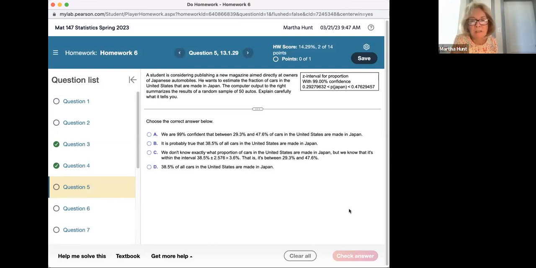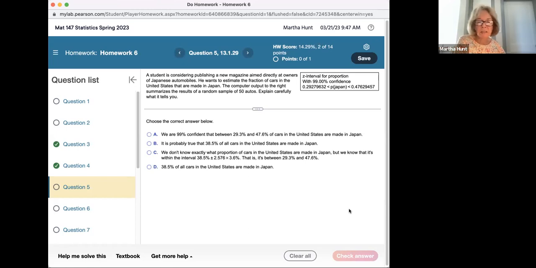A student is considering publishing a new magazine aimed directly at owners of Japanese automobiles. He wants to estimate the fraction of cars in the United States that are made in Japan. Computer output gives you this 99% confidence interval.